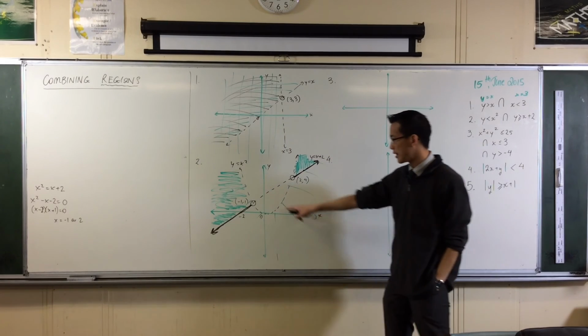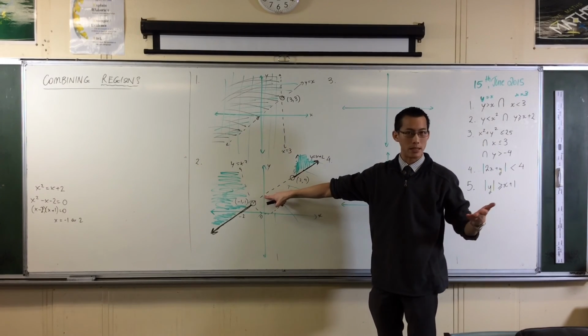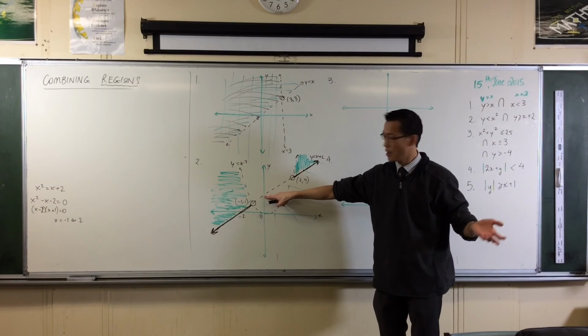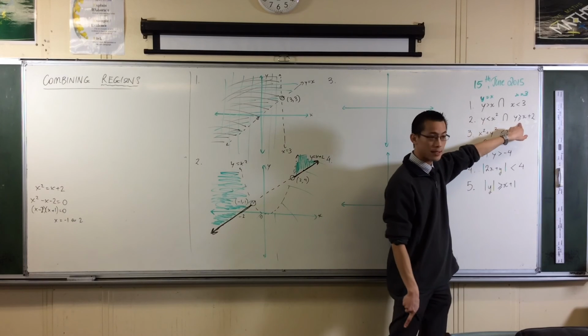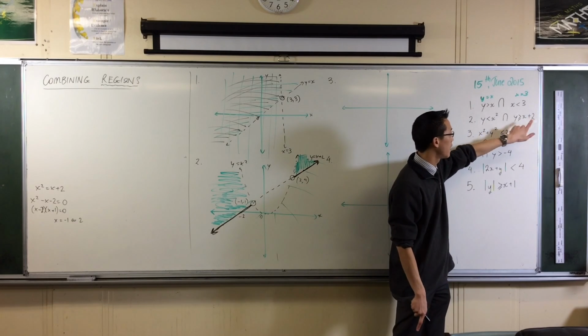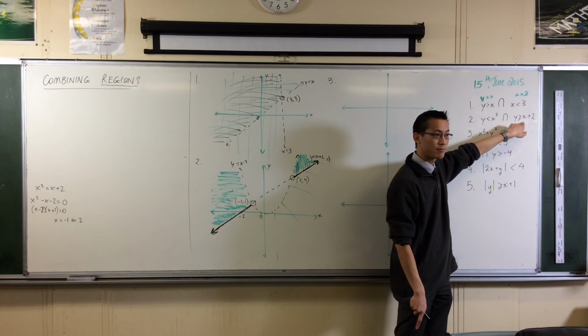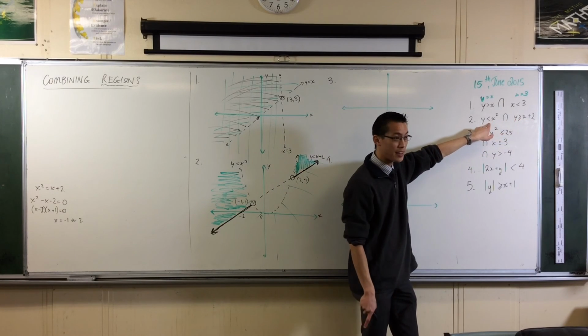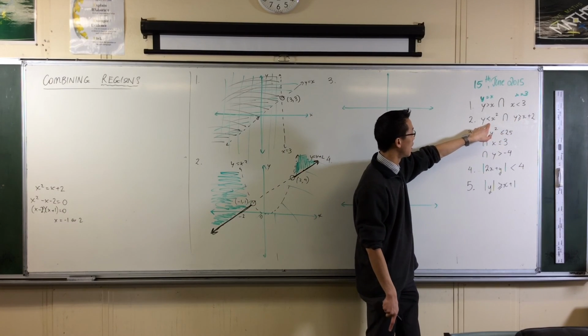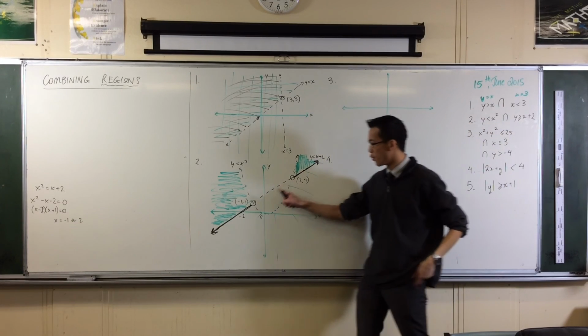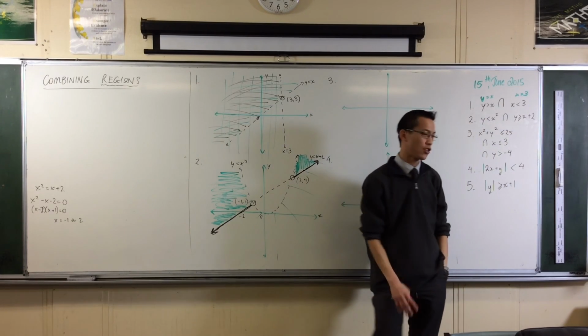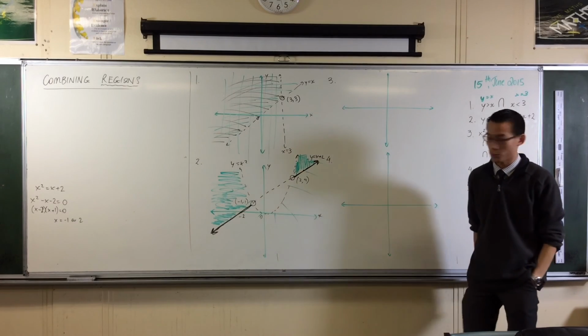If I took a point like, say, 0, 2, if I put it in, it wouldn't satisfy this and this at the same time. It would only satisfy that one. Since it doesn't satisfy this, because 2 is not less than 0, this section of the boundary is not included. So that's why it stays hollow. Good question.